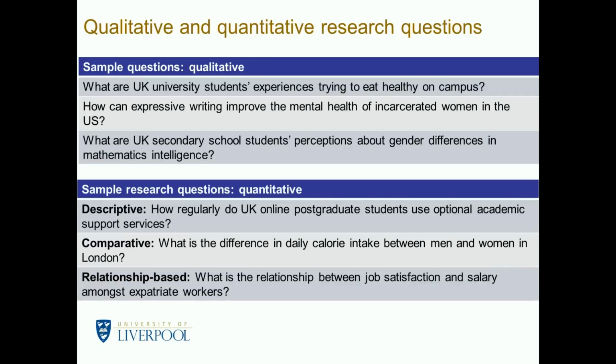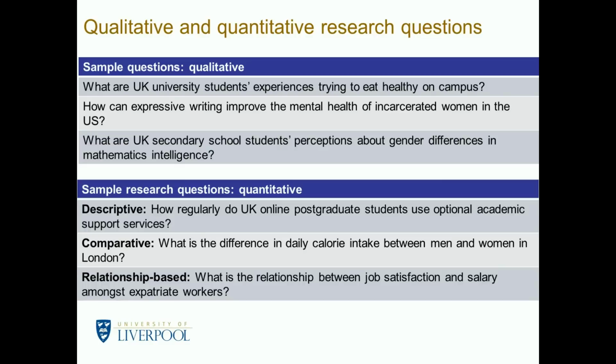Quantitative examples include a descriptive approach. How regularly do UK online postgraduate students use optional academic support resources? A comparative approach. What is the difference in daily calorie intake between men and women in London? And a relationship-based question could look like this.